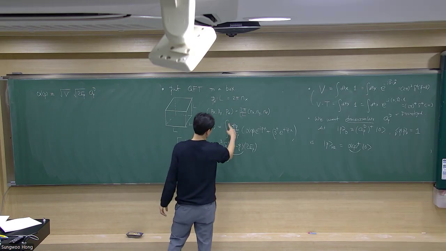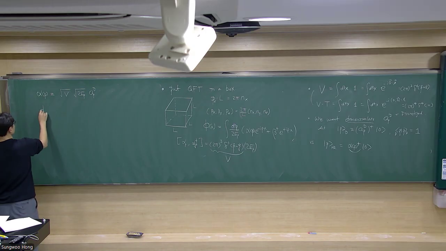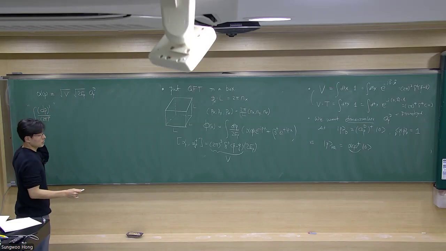Okay, good. Now, we can write down this. So to do that, I have to talk about how to think about this integral over d^3p. Well, let's do it. So d^3p over (2π)^3, and then I do the integral. So let's talk about the translation of that in the discretized version.